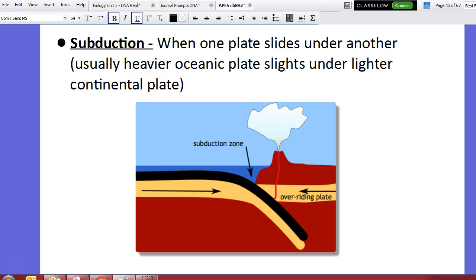This happens quite a bit. And if we think about our oceanic plate being heavier than our continental plate, our oceanic plate, because it's heavier, is going to be the one that goes underneath.